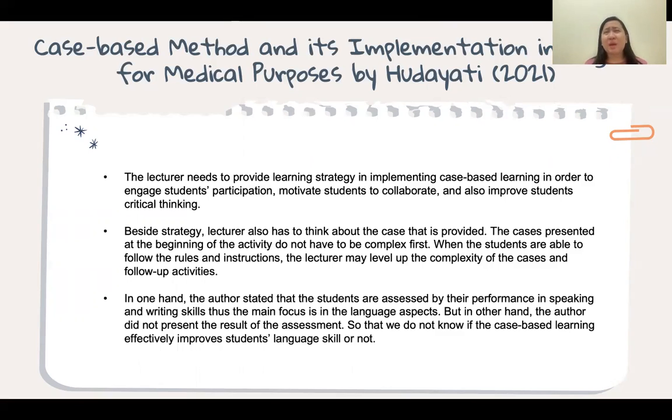So it is better to provide the result of the assessment, so that we can know whether it is effective in improving students' language skill by using the case-based method in this study.